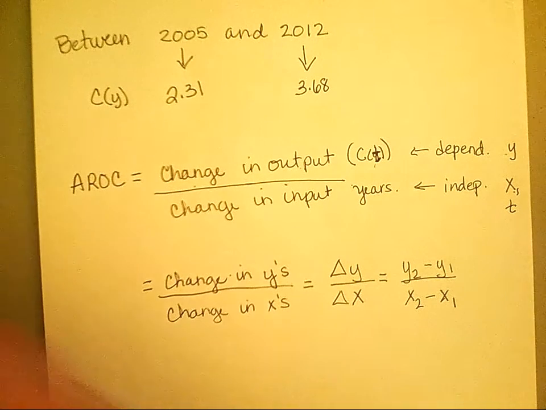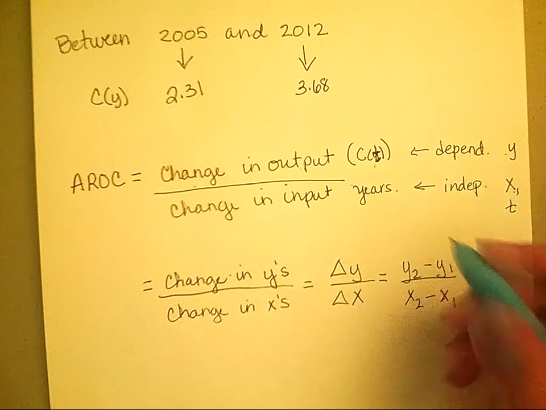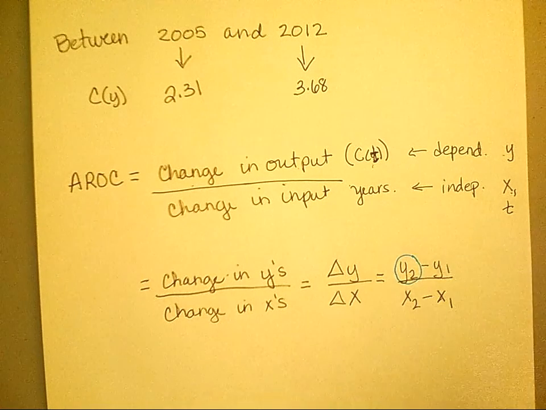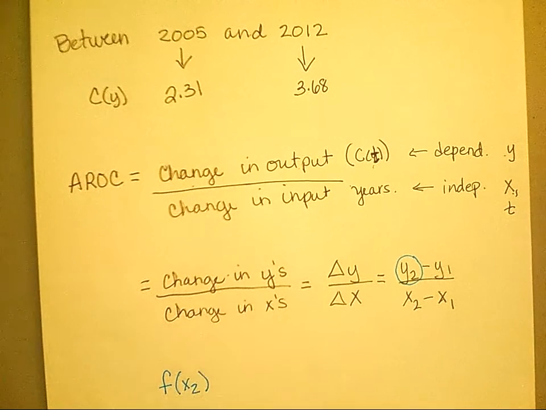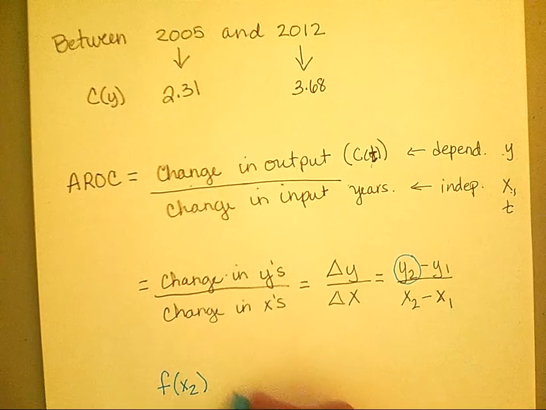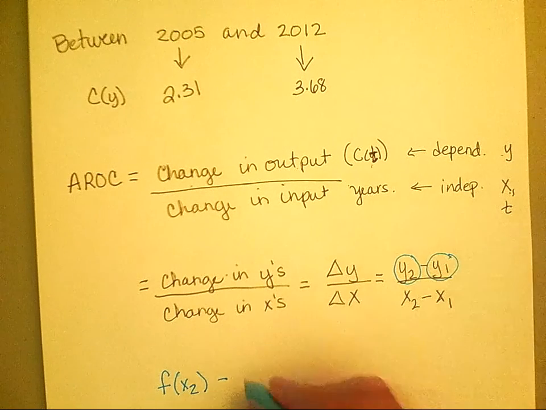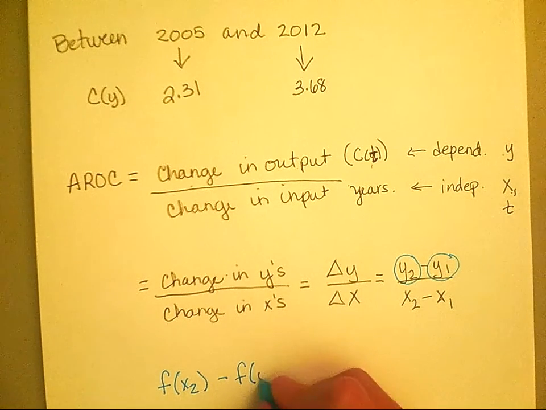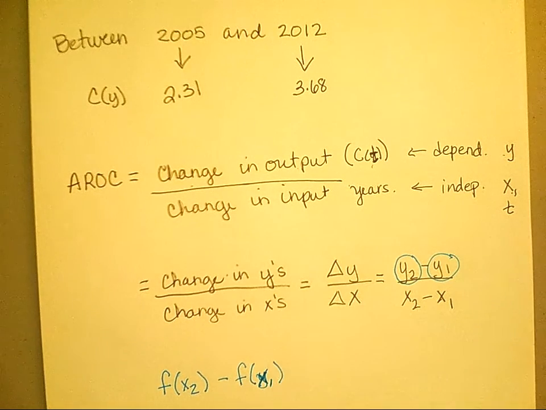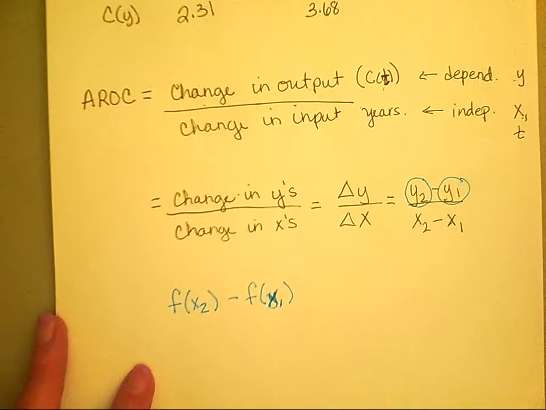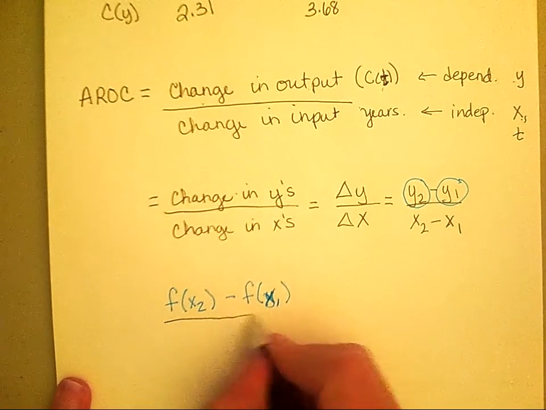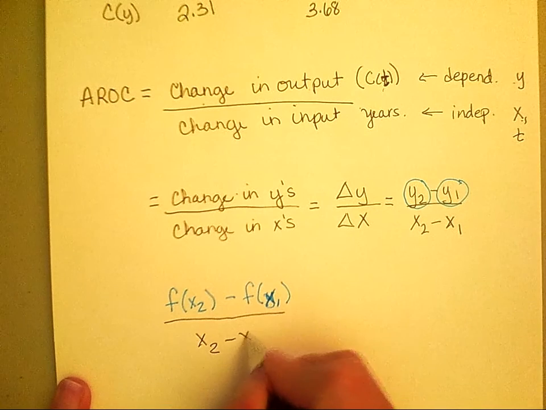And remember, because now we know about functions, y2 is really just the function evaluated at x2. And then we subtract off y1, but that's just the function evaluated at x1, divided by x2 minus x1.